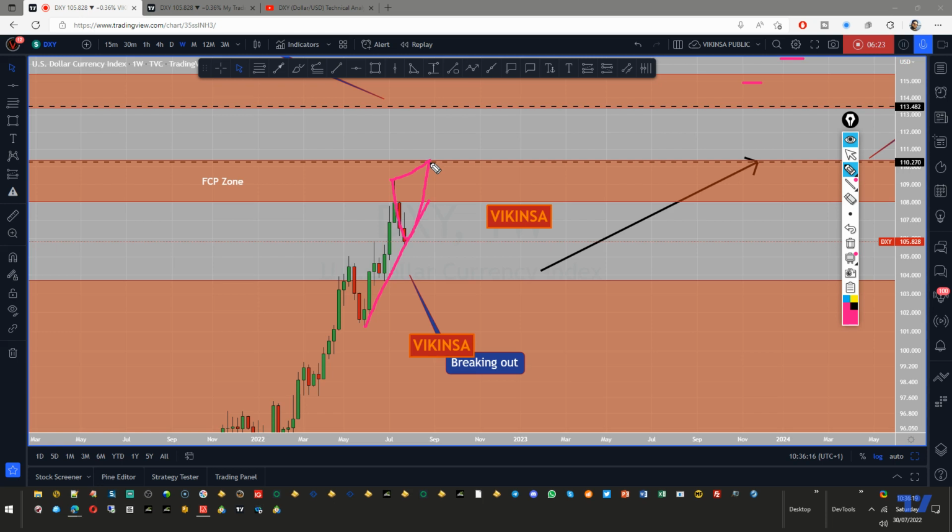For example, if you think that the dollar is going to go down, that means dollar-based currency pairs such as GBP USD, INR USD, Euro USD, AUD USD are going to go up, because they are opposite to the dollar.